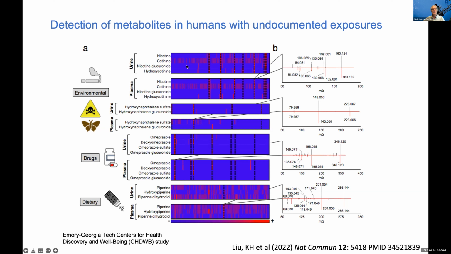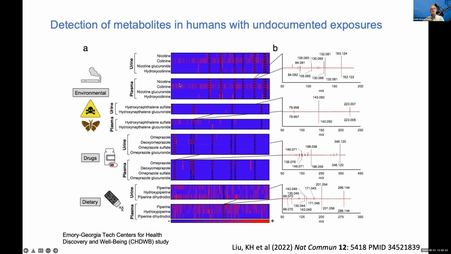And what you can see is, if we look in the paired human urine and plasma samples, that there are 1, 2, 3, 4, 5, 6, 7 individuals who consistently display nicotine and all of its metabolites, cotinine, the glucuronide, and the hydroxycotinine. So this is very strong evidence that these individuals have been exposed to nicotine, either by smoking or through environmental exposure.